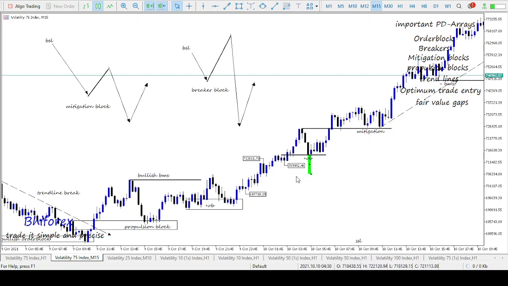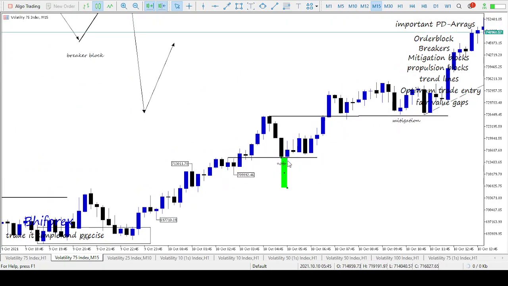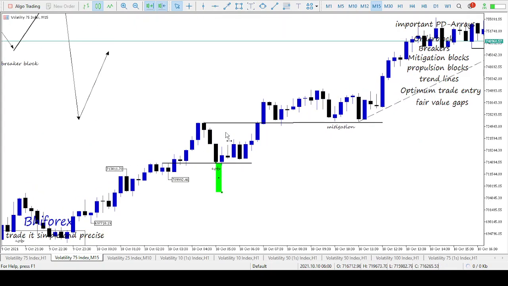It would have been another story if price had closed like this or even wicked this low before going to break this high. That would have been a breaker, right? That is, this bullish candle would have been a breaker.